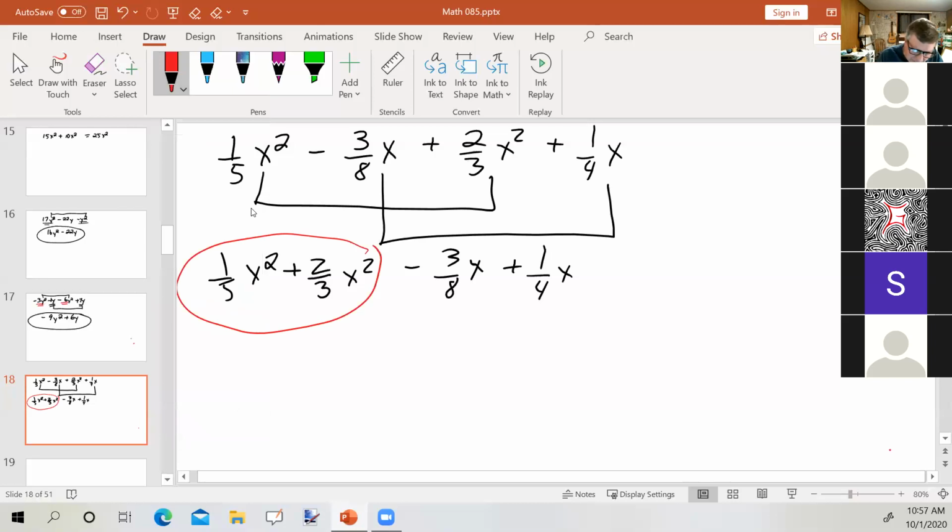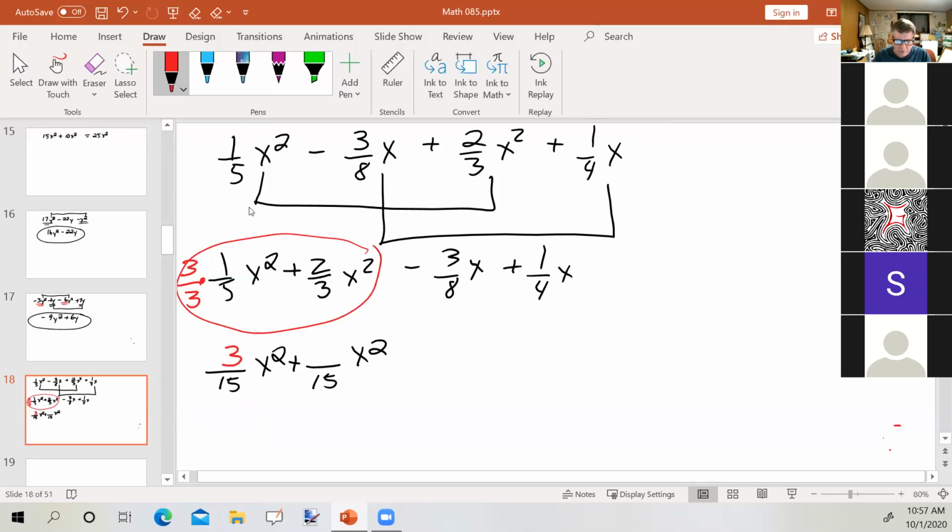So I'm going to put these two like terms together. But to do that, I need a common denominator. What is the common denominator of 5 and 3? 15. Okay. So now I'm going to take 1/5 and multiply it by 3/3 to get an equivalent fraction to 1/5, but one that has the denominator of 15.